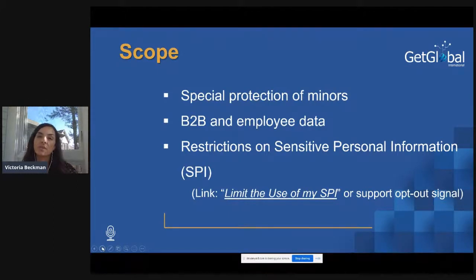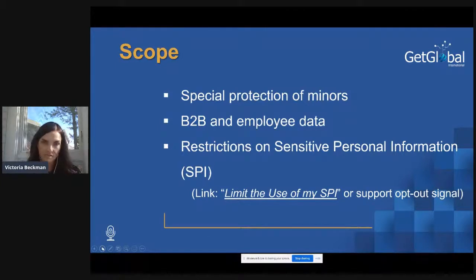of this information. So what is new here for practical purposes, I guess, and for companies, is that in addition to the link that we already had in the homepage saying do not sell my personal information, which also changed, now we have to have this link on the homepage that says limit the use of my sensitive personal information, or you have to support opt-out signals, which that requirement is in the final regulations in the CCPA in terms of reading the do not track signals.